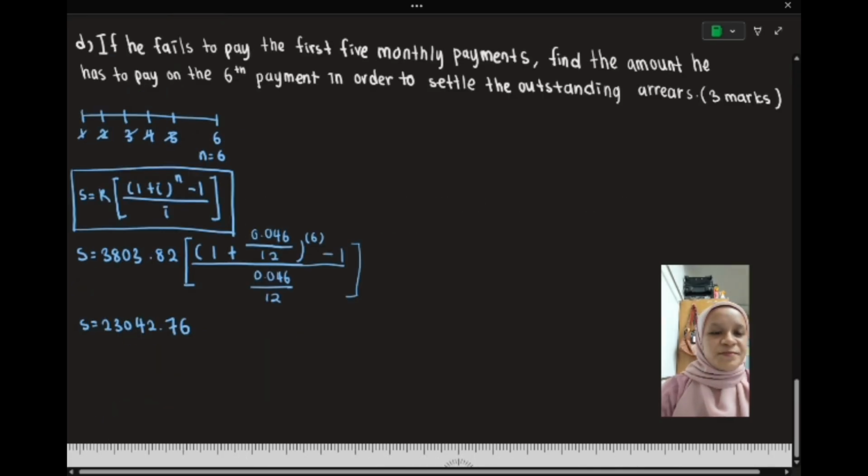The last question, D. If he fails to pay the first 5 monthly payments, find the amount he has to pay on the 6th payment in order to settle the outstanding arrears.